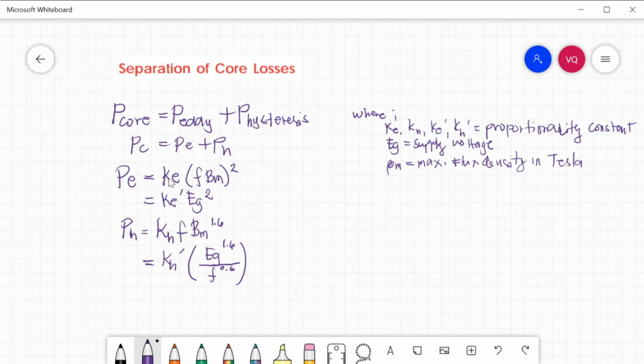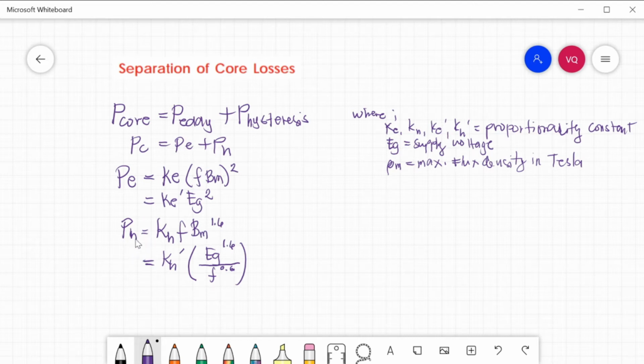So we can calculate KE if the frequency and the eddy current loss are given, provided that the maximum flux density of the eddy current loss and hysteresis loss are the same.